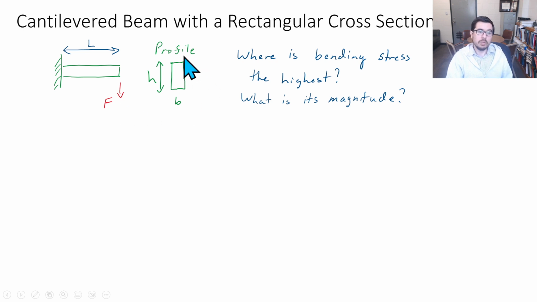And now we're prescribing a profile or a cross section that this beam would have, right? So we're essentially extruding this cross section out. Question is, where's bending stress the highest and what is its magnitude? So what do we do?